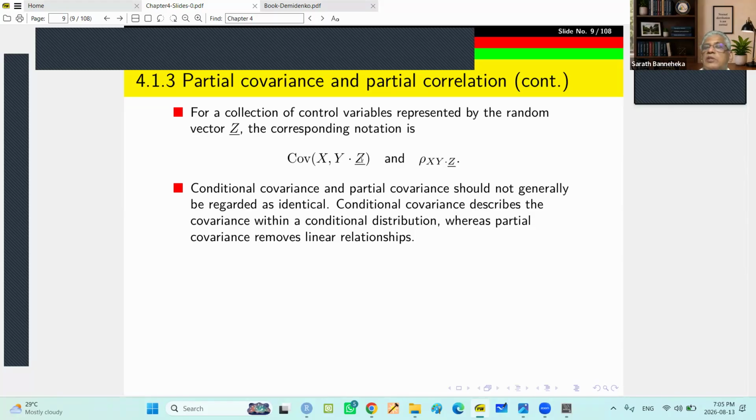That means it will be the covariance between the residuals coming from the regression of x on z, with several variables in z, and the residuals coming from the regression of y on z.